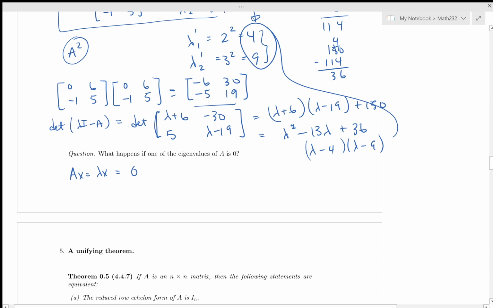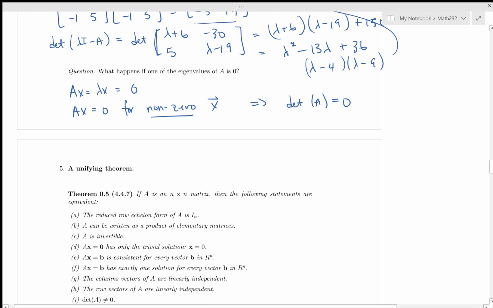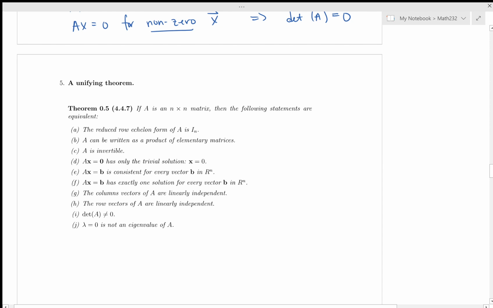And that would mean that Ax would be equal to 0 for non-zero x. That implies that the determinant of A is equal to 0. Okay, that comes from our unifying theorem. And so that is how this guy gets added here onto the end, okay, right here.